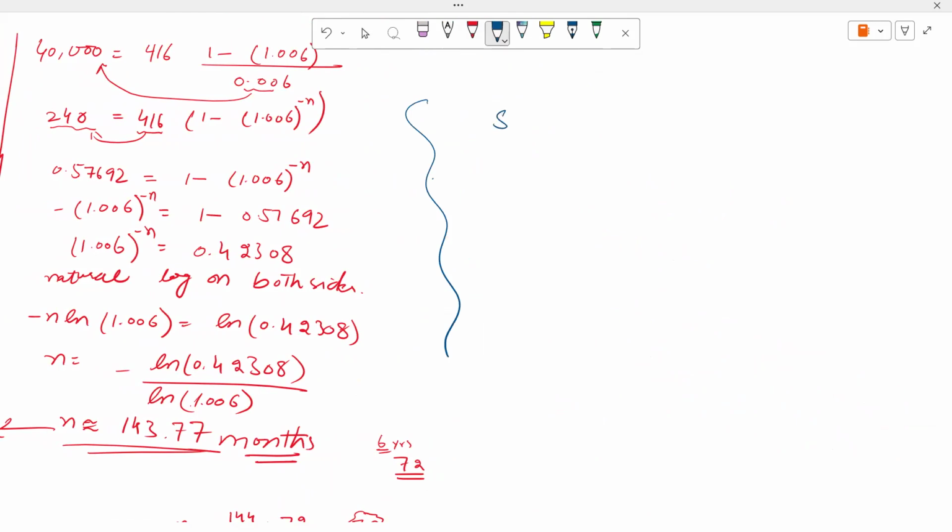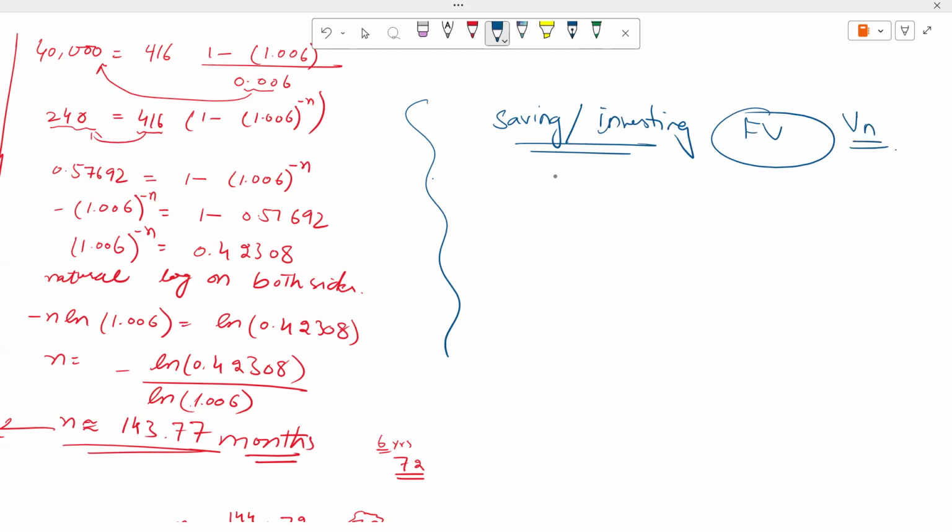When you're doing a saving or investing problem, when the statement talks about investing or saving, use the future value formula or the V n formula. And for loan and mortgage type questions, you would refer to the present value formula or V naught formula that would be given in your exam question paper.